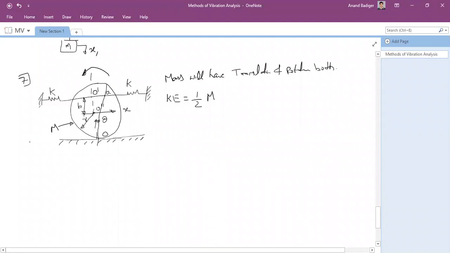For example, if you take a circle, I hope you are aware of the sector of the circle. If I take this particular point as r, and it rotates through angle theta, then this displacement is given by x equal to r theta. That is the sector of the circle. This is the simple geometry which you may have come across.